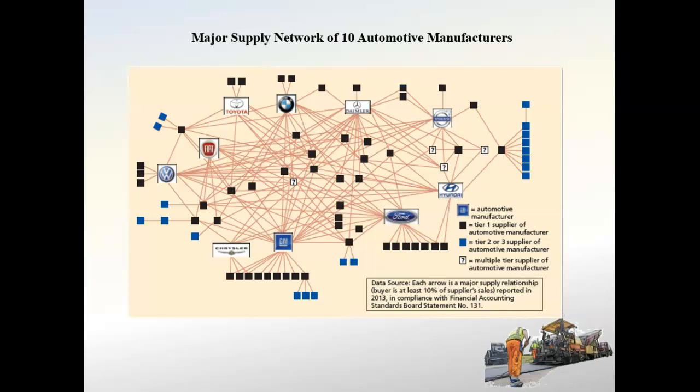Figure 9.1 on this slide illustrates the supply chains for 10 rival automotive manufacturers and their respective major suppliers. Note how the high number of suppliers shared by these manufacturers creates a single tangled network.